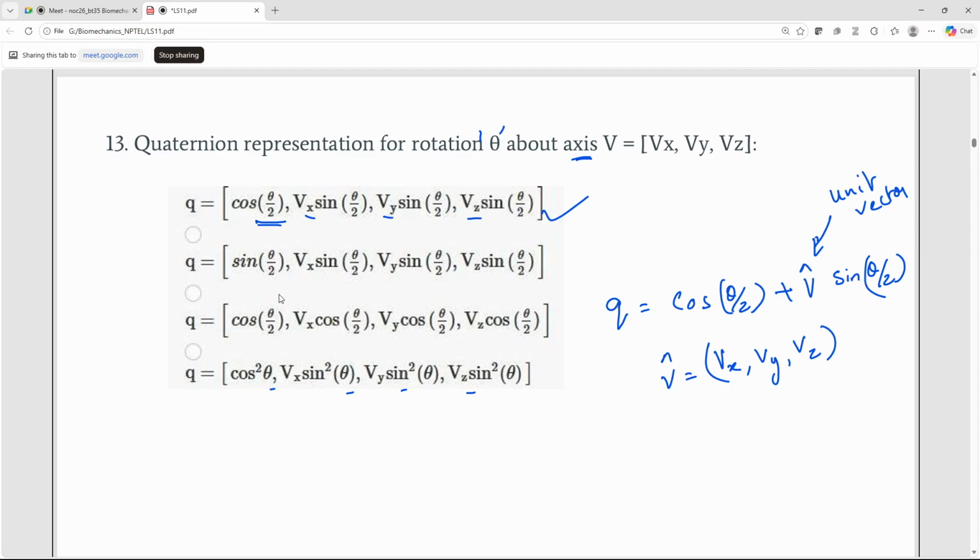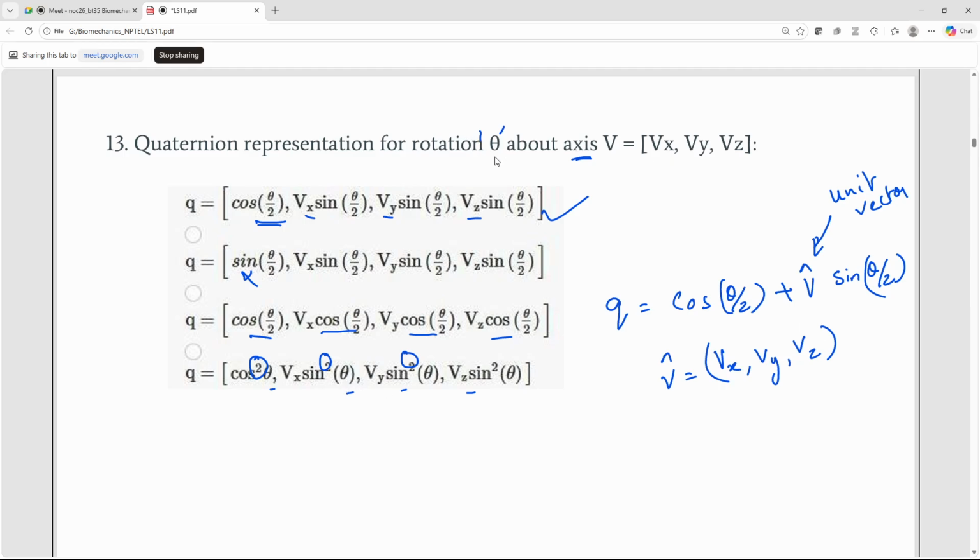If you see in the second one, everything has the sine. So this is wrong. The first component, sorry, the scalar component is cos theta by 2, and all the vector components are sin theta by 2. Here everything is cos. That's also wrong. Here it is cos and not theta by 2. It's theta here.